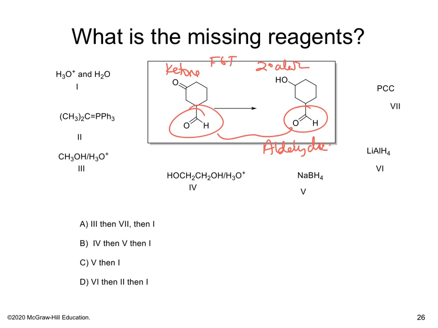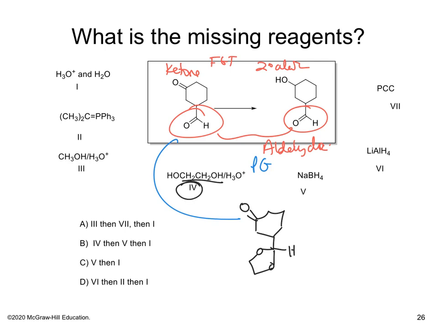Well, you're going to have to do some protecting group chemistry. So the first thing you want to do is mask the aldehyde. And you can do that because the aldehyde is going to be more reactive. I like the intramolecular cyclic protecting group. So that would be this one here.